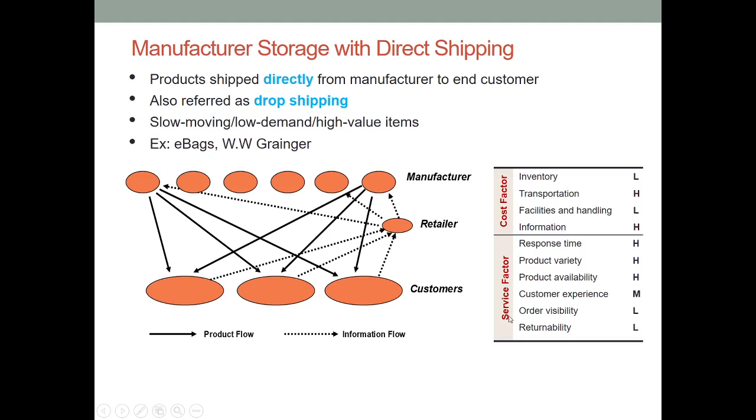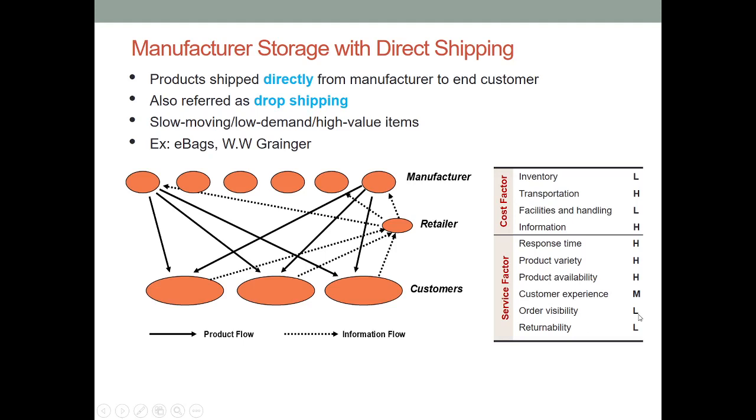In terms of the service factor, how about the response time? Response time is very high, product variety is high, product availability is high, and customer experience depends on the location. If the location is far from the manufacturer, they will have a bad experience because the products take a longer time to be delivered.